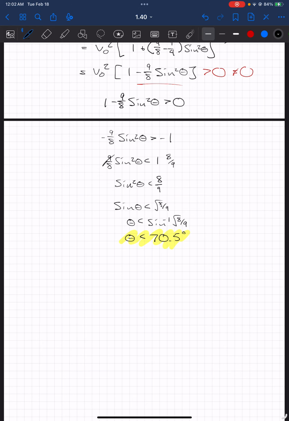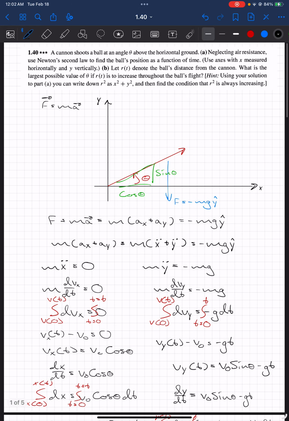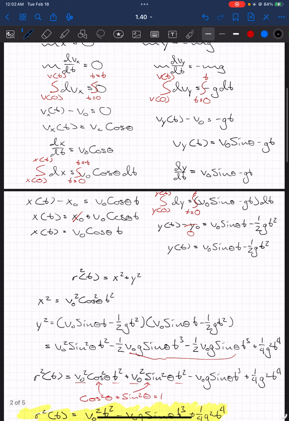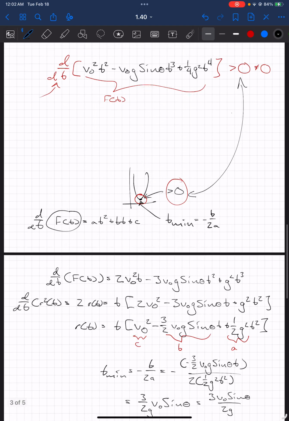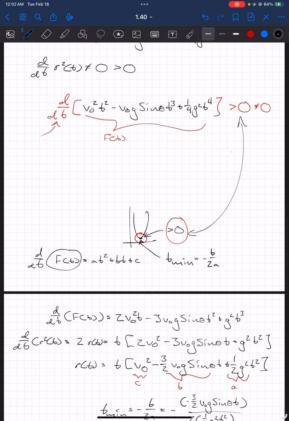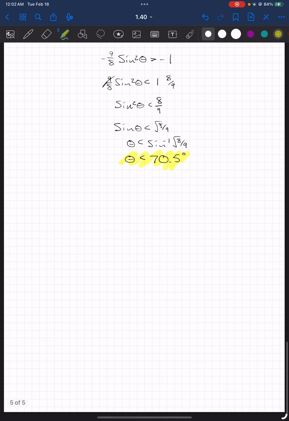And that is how you solve for what angle it must be. That's the largest possible value of theta if r of t is to increase throughout the ball's flight, since our vertex for our convex parabola is always greater than 0. So theta must be less than 70.5 degrees. One more time. Thank you.